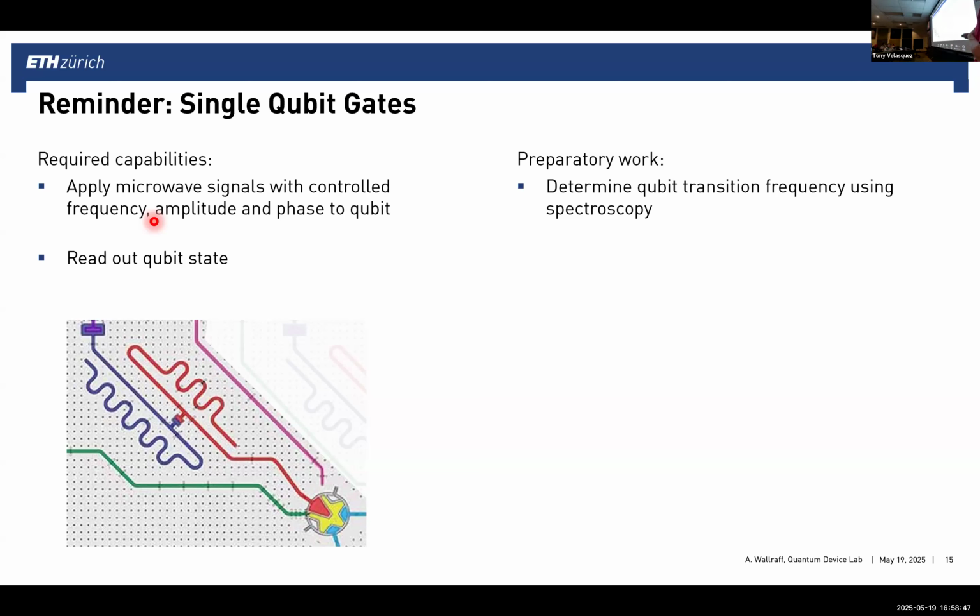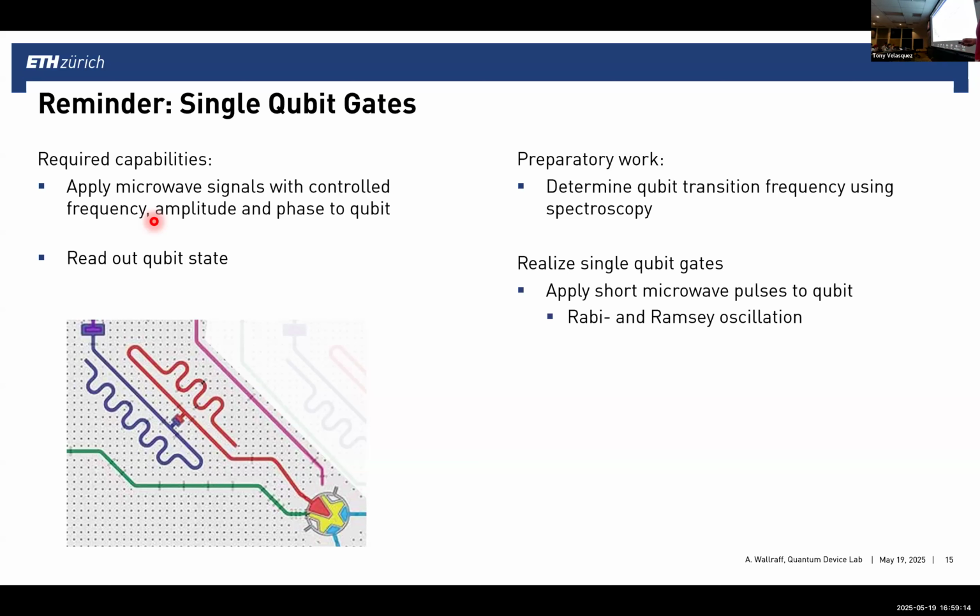You would do so usually after you've started with a spectroscopic measurement to determine what the qubit transition frequency is. So you would use Daniel's readout, and then you have a microwave tone that you scan across the qubit transition frequency. When the microwave tone is resonant, you see the qubit going from the ground state into, on average, a mixed state, which you can then determine in your readout signal as the resonance frequency of your qubit.